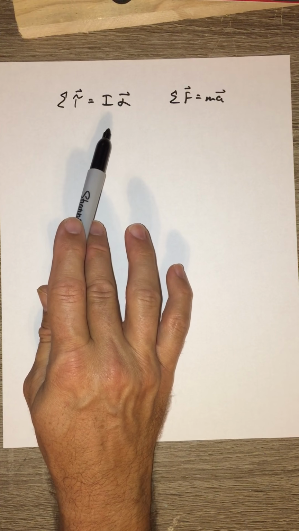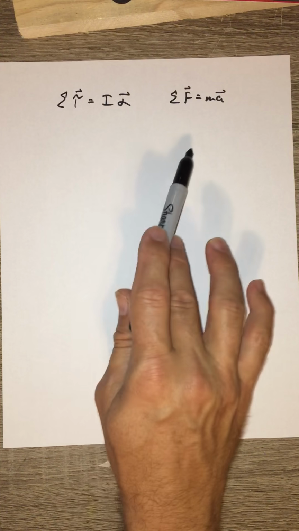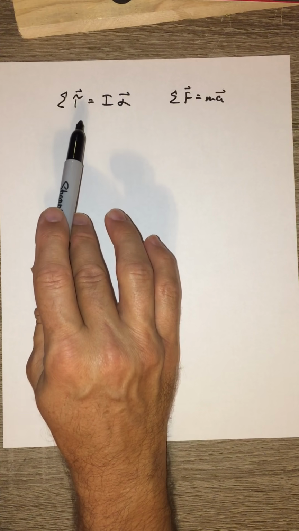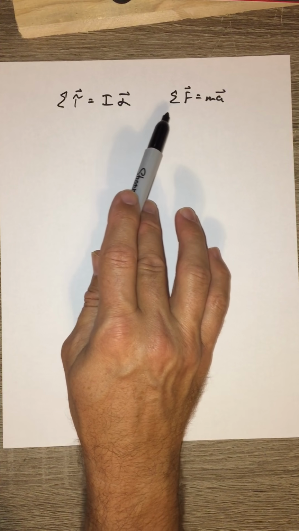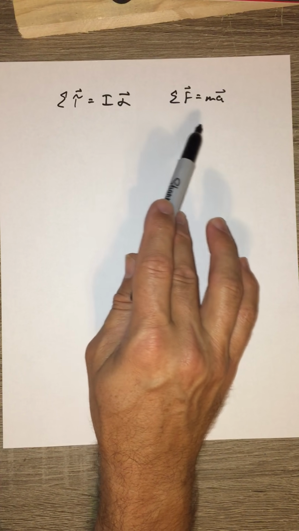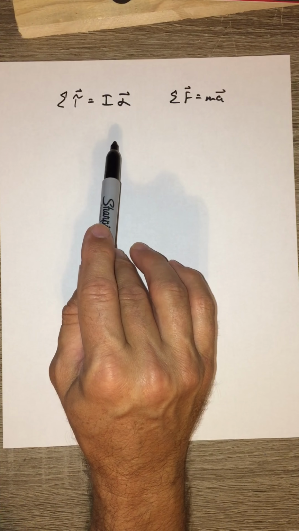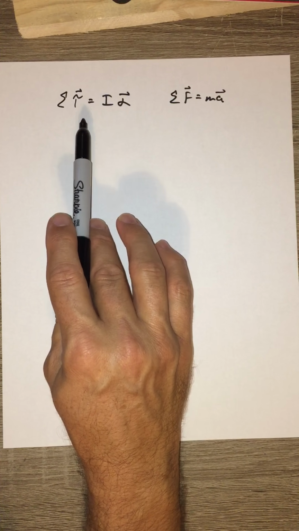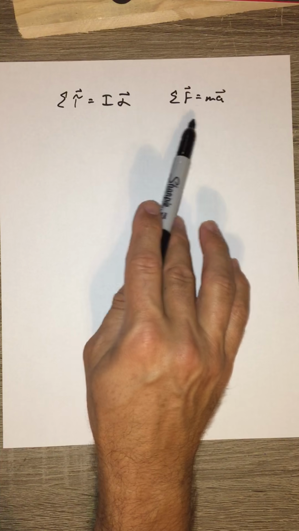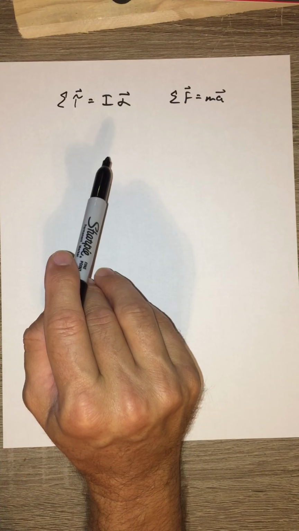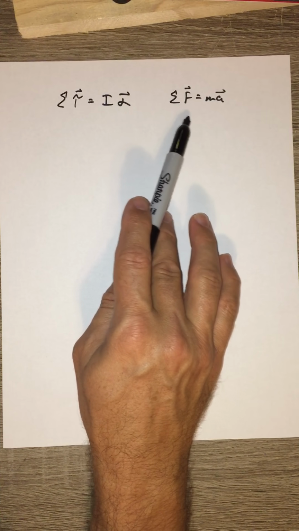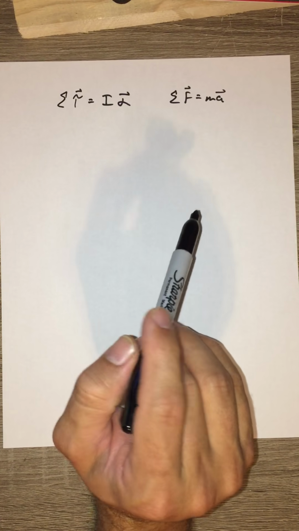And so if I need to analyze a system, I now have a way to get more information. In a two-dimensional system, I was able to get two equations out of this. We're going to keep the torque to one dimension, but that means I can get another equation out of this one. So I can get 2 plus 1 is 3. If I have a three-dimensional system over here, I can get 4.